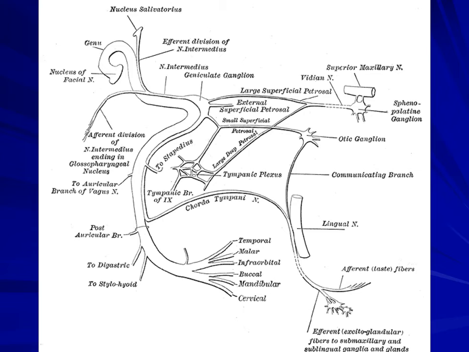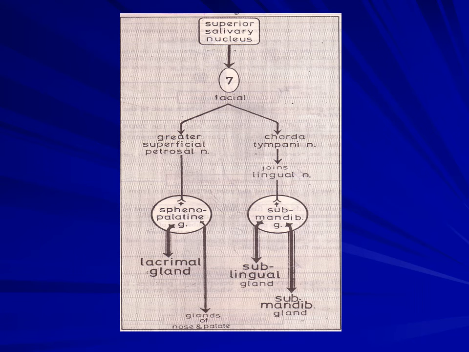Here is the greater superficial petrosal nerve, or large superficial petrosal nerve, joining the deep petrosal carrying sympathetic fibers. Both of them form the nerve to the pterygoid canal, or vidian nerve. Then this nerve enters the sphenopalatine ganglion, in which the parasympathetic fibers will relay.